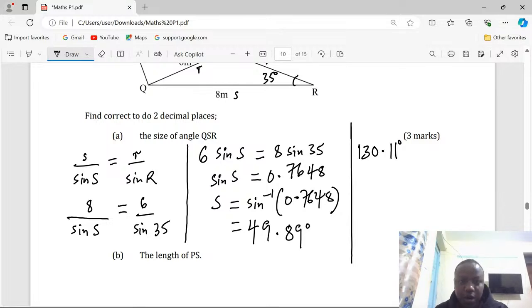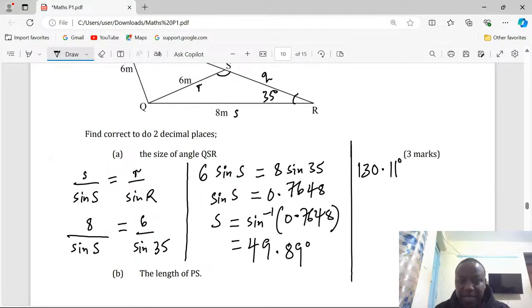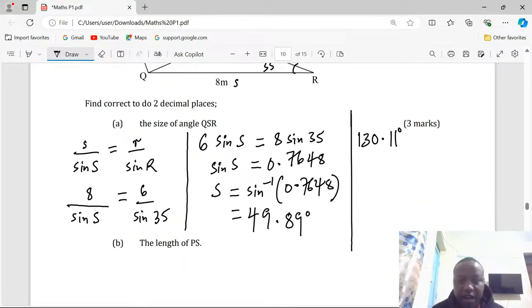We have been told to an accuracy of 2 decimal places. Therefore, the angle is 130.11.